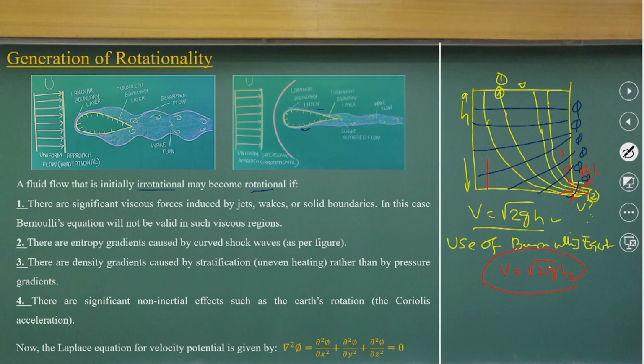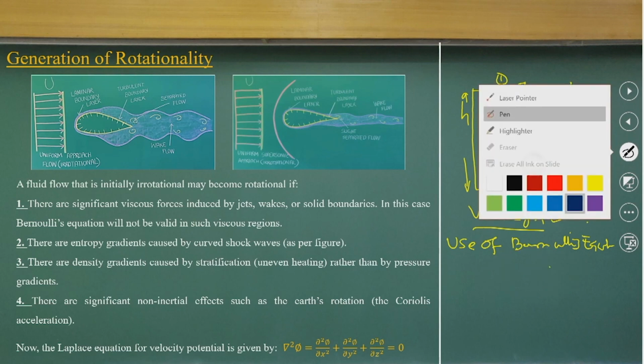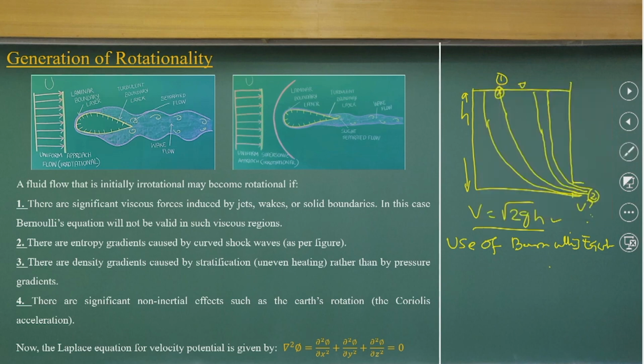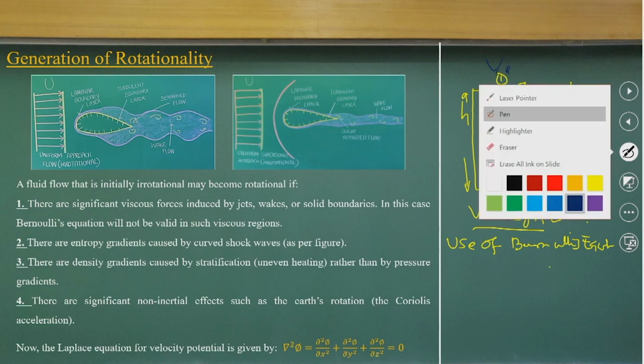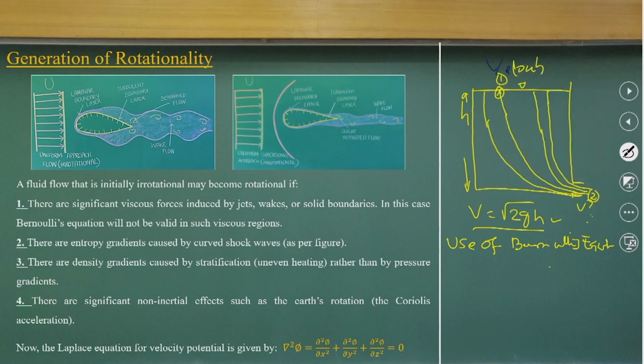And the second thing, very easy for us, is when I use the velocity potential function, instead of the u, v, w scalar components, I just use the velocity potential function, and that will be easy for me.